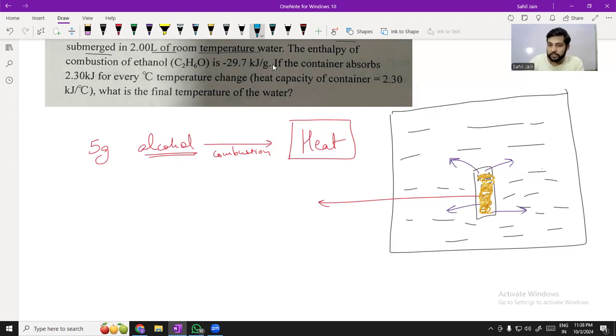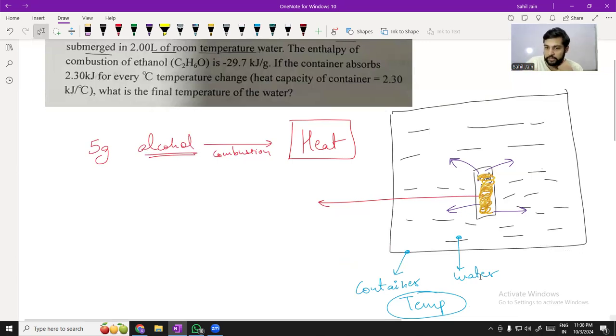So this is a special container, and we know that this container and the water inside it both will get to the same temperature when this whole thing ends, because the container and the water will be at thermal equilibrium. Right now, initially, we are given that the water is at 20 degrees Celsius and the container is also at 20 degrees Celsius.